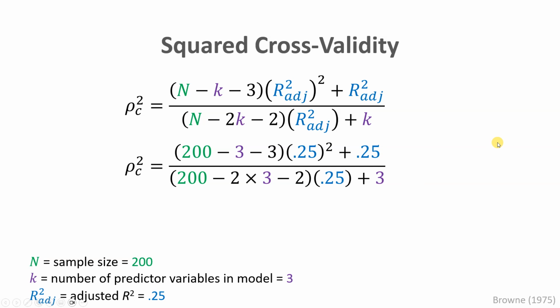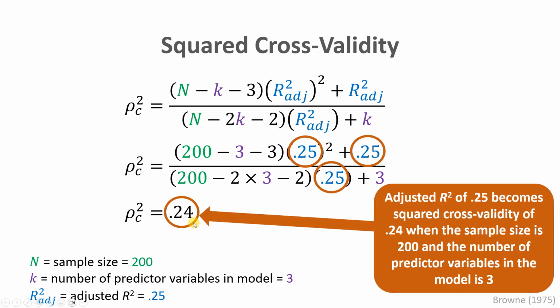If we plug those values into the formula, we get a squared cross-validity of 0.24. So the adjusted R squared of 0.25 that we plugged into the model becomes the squared cross-validity of 0.24 when the sample size is 200 and the number of predictor variables in the model is 3.